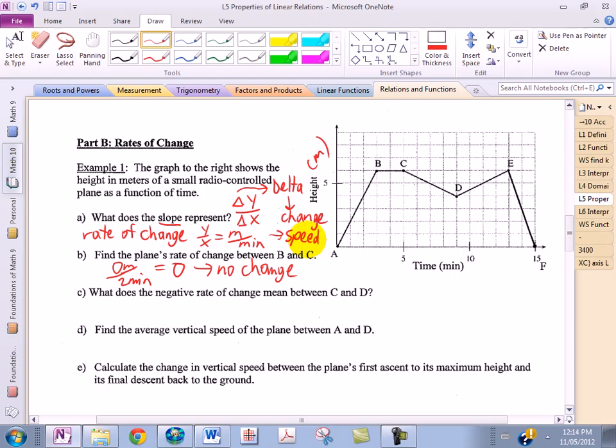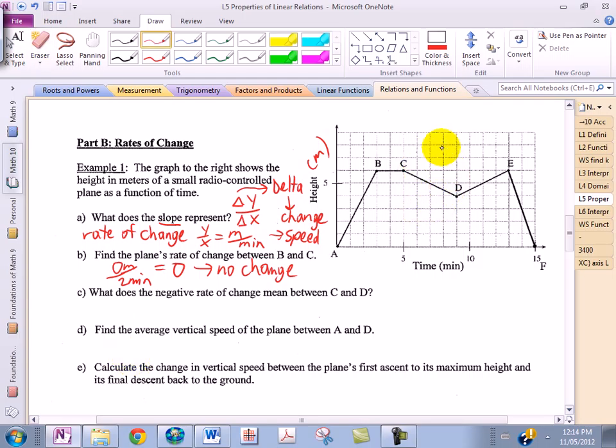Next, what does the negative rate of change between C and D mean? So here, your y value is 6, and you go to a y value of 4. So it'd be 6 minus 4. And what would be your x change? 5 to 9, so it'd be 9 minus 4. Oh, I screwed that up completely. Please erase.